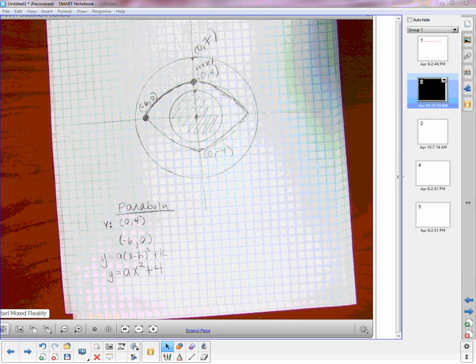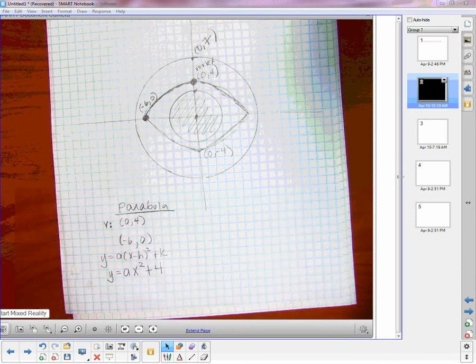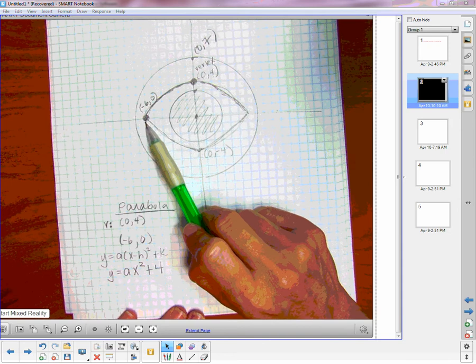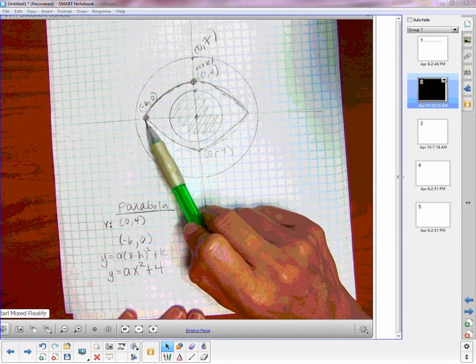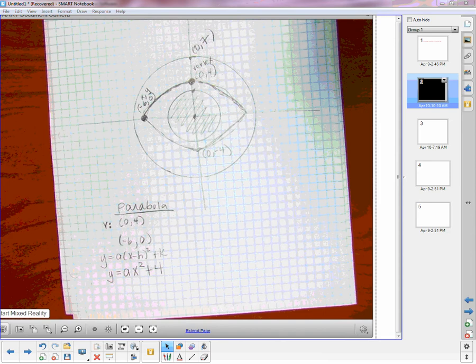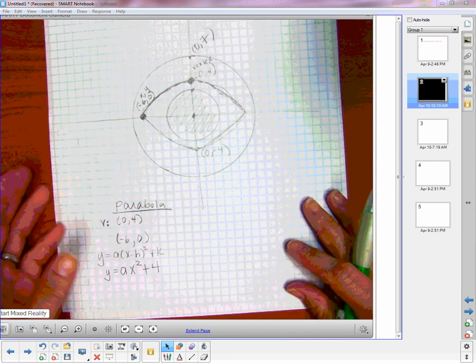But y'all are going to have to know the A value. To find the A value, just plug in an ordinary point. This parabola went to the x-axis at negative 6, 0. So I plugged this in as just a regular xy and solved.